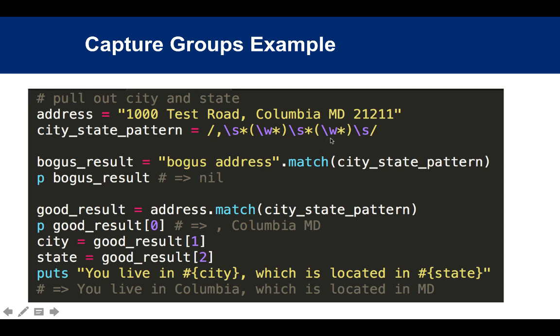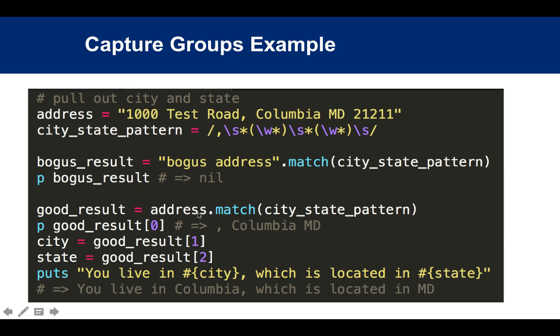And these words here are surrounded by parentheses. So that makes it a capture group. So if you have some kind of a bogus address, and you call the match method on it using the city-state pattern, that will give you nothing because the bogus address string does not match this pattern.